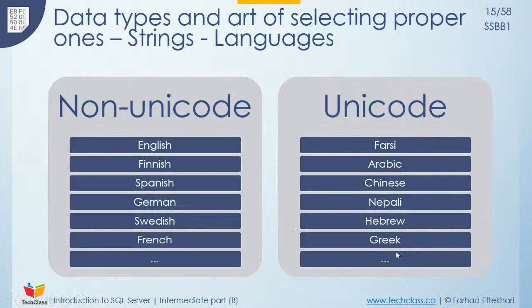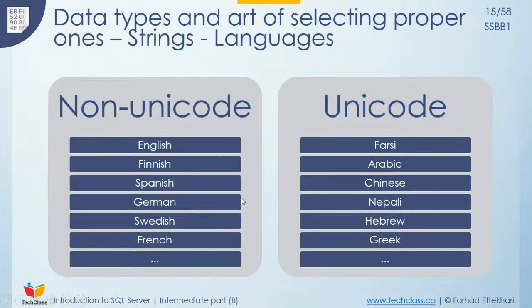So if you want to store some text or information, especially if you are working and providing some services for the people in those countries that are using these languages, you need them. But if you are already sure that only English or Finnish or Spanish or German or Swedish or French languages are being used and the text is in their languages, then you can use these non-Unicode ones.